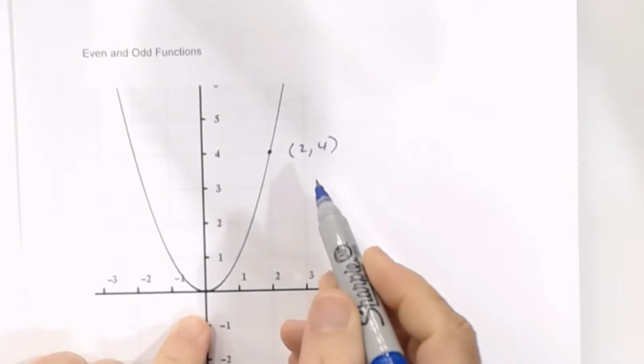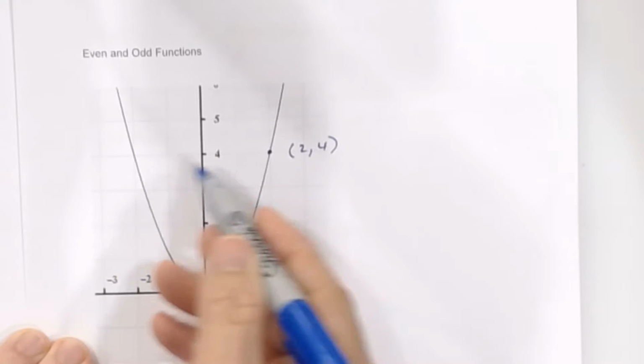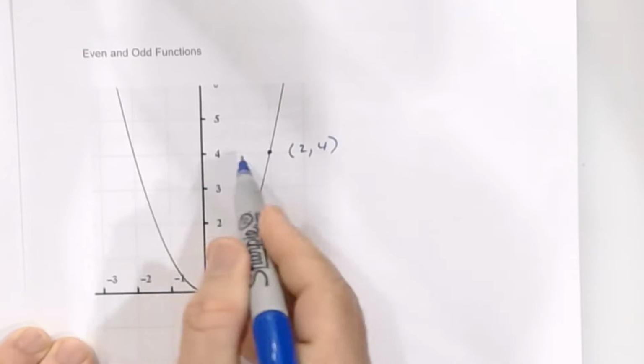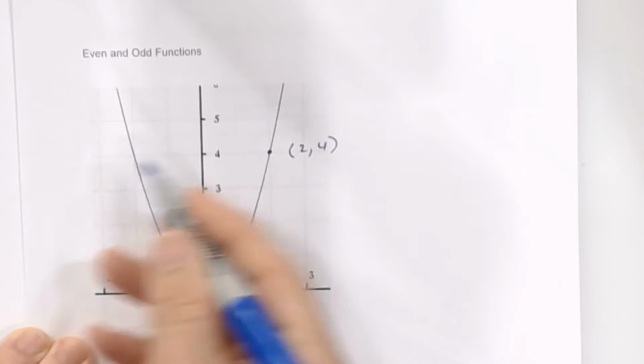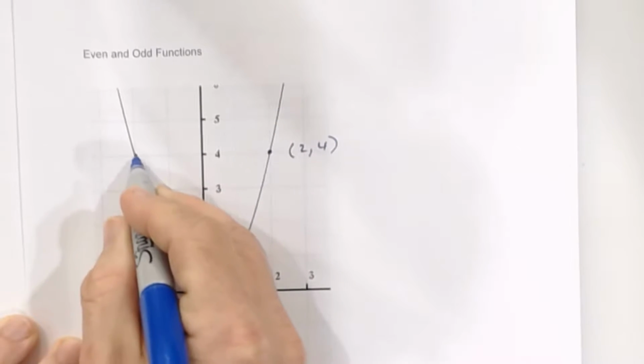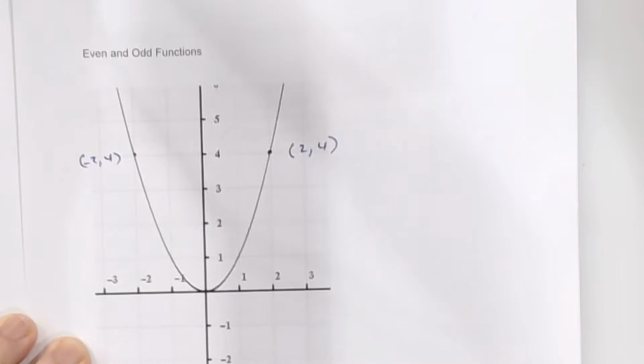So if that's an even function, then what other point needs to be on that graph? Negative 2, 4. Because remember, it's symmetrical about the y-axis. So we talked about distances. Just go back in the notes from yesterday and look at that. So negative 2, 4 better be on that graph as well.